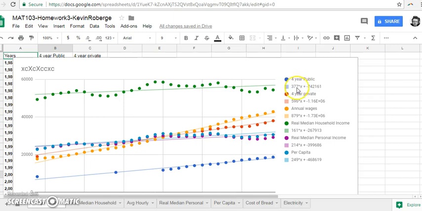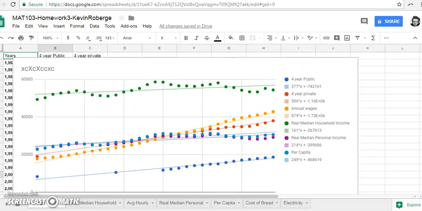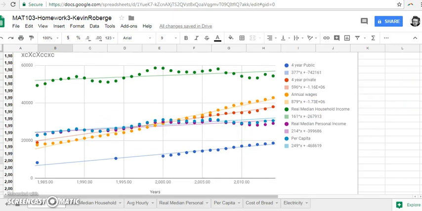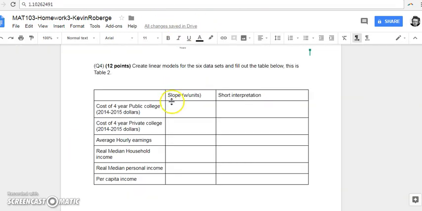All right, so this would be the slope. So for example, for the cost of a 4-year public education, the slope would be $377 per year. Right? Our data is incrementing by years, so we'd have 377 per year.